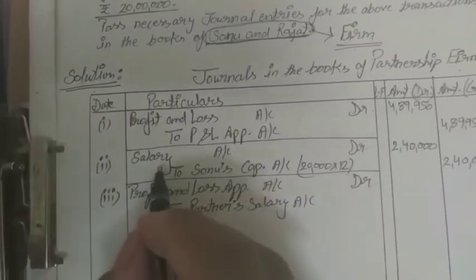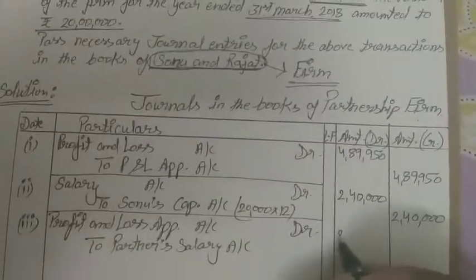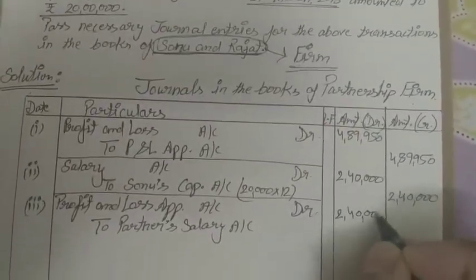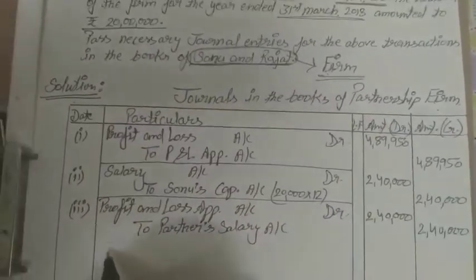This is the partner salary. This salary will transfer to profit and loss appropriations account, 2,40,000.